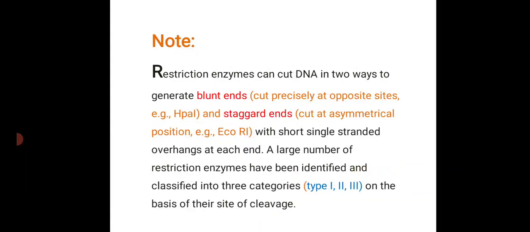A large number of restriction enzymes have been identified and classified into three categories on the basis of their site of cleavage: type 1, 2, 3. Sometimes in many other texts it is four types: type 1, 2, 3 and 4.